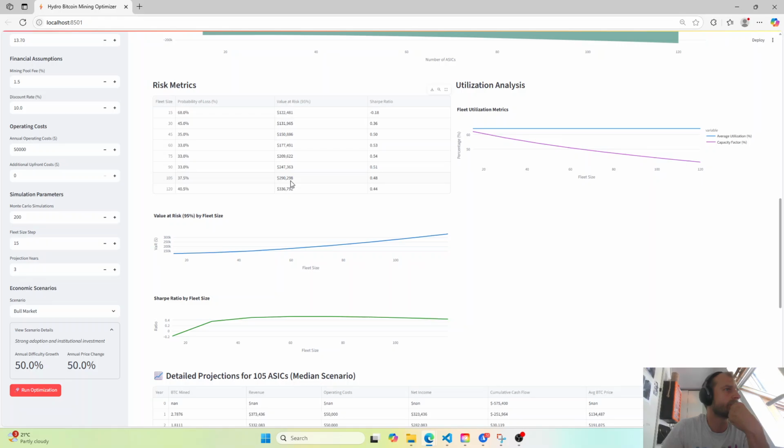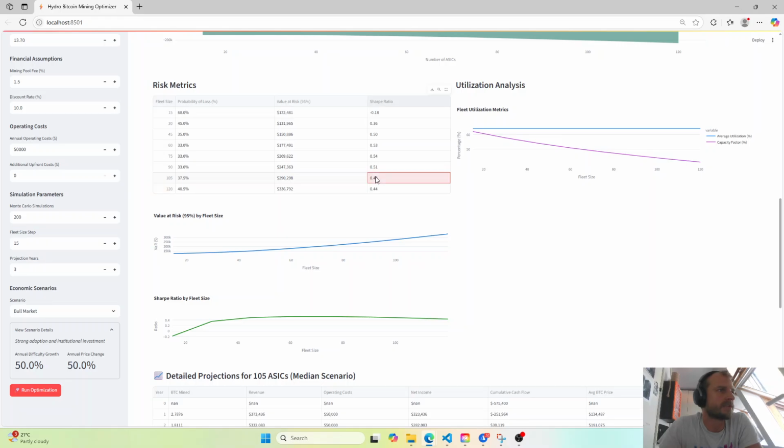Why? Because the Sharpe ratio is higher here. That means that it's weighting the risks, so it's less risky to run with 105. Despite the fact that 120 would give you more NPV, it involves higher risk.